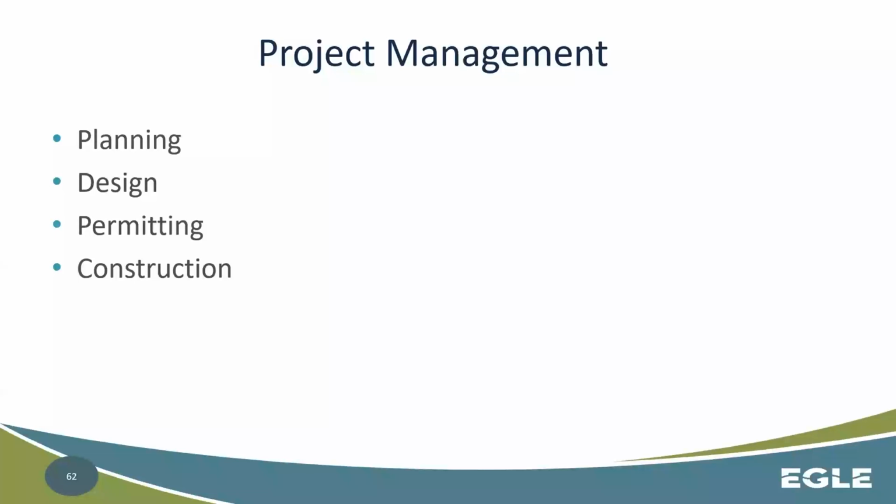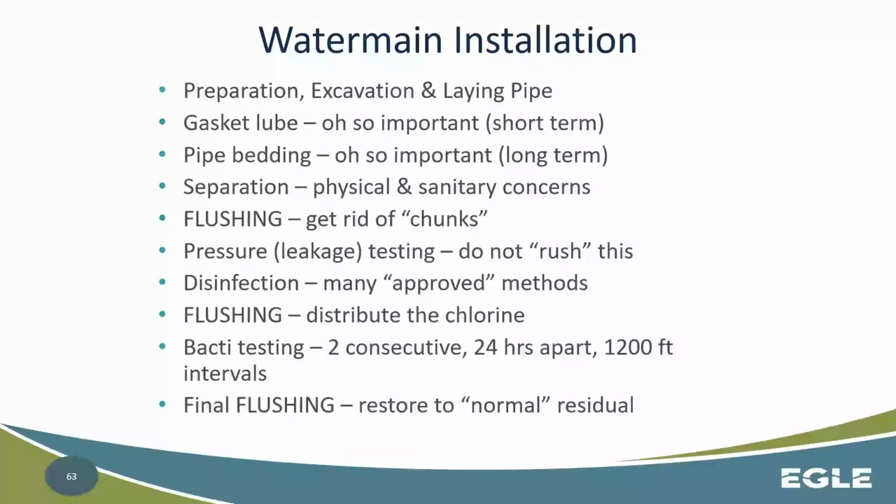Okay. So, water main installation. We're going to go through each one of these points, but there's a few trends in general: preparation, excavation, and then the actual laying of the pipe. Gasket lube is important for that short-term purpose, but then pipe bedding is good for the long-term purpose, right?